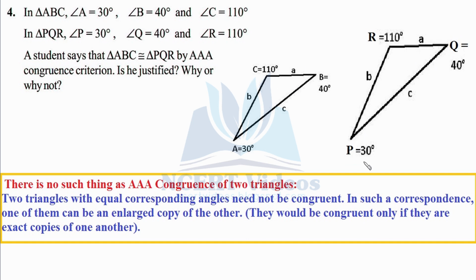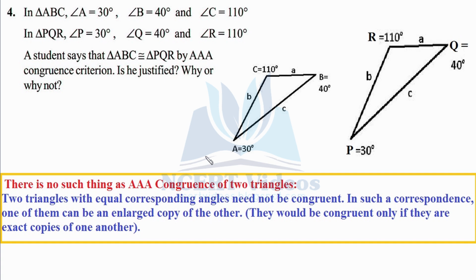And what does congruent triangles mean? That means they will cover each other completely without leaving any extra space. But here it fails. So it proves that there is no criterion such as angle, angle, angle to show that two triangles are congruent to each other. That is, if we are provided with all three angles and no side is provided, we cannot come to the conclusion that both triangles are congruent.